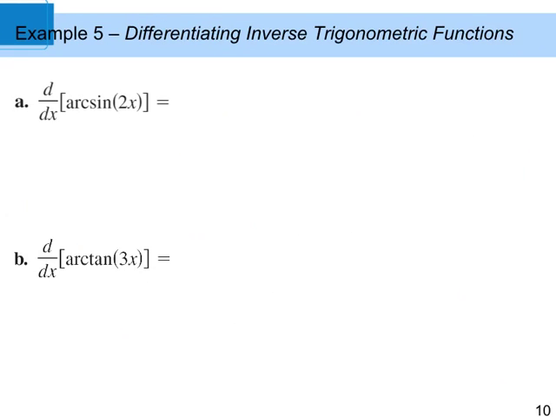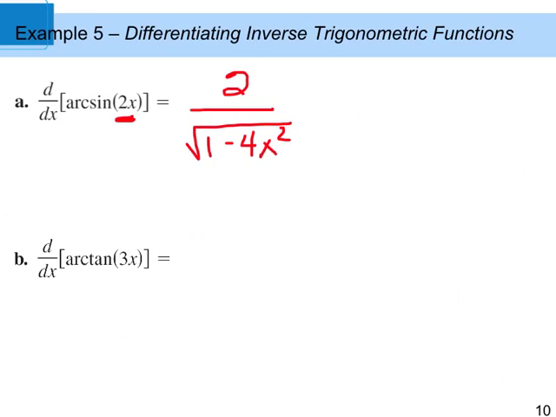Okay, so now we're going to use it. So the derivative of the arc sine of 2x, this is my u. So look at your formulas. Please be looking at your formulas, unless you've already memorized them, and then it's going to be really easy. You should also try to pause this and try them yourself before you listen to me or watch me give you the answer. Okay, so the derivative of the arc sine of u is u prime over the square root of 1 minus u squared.